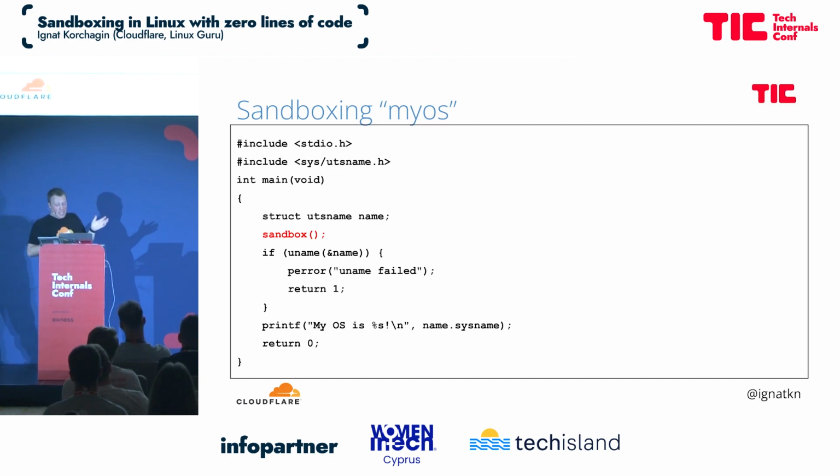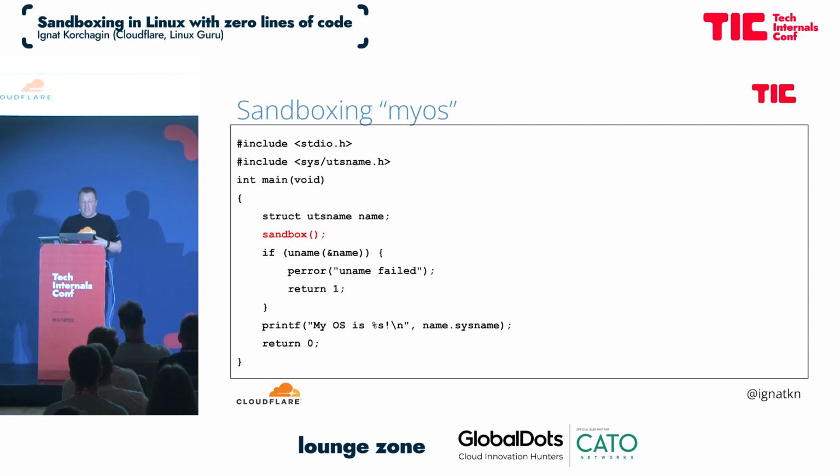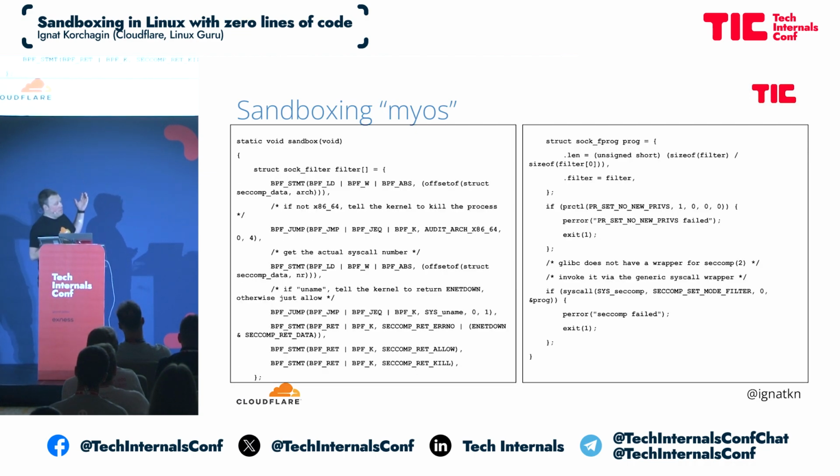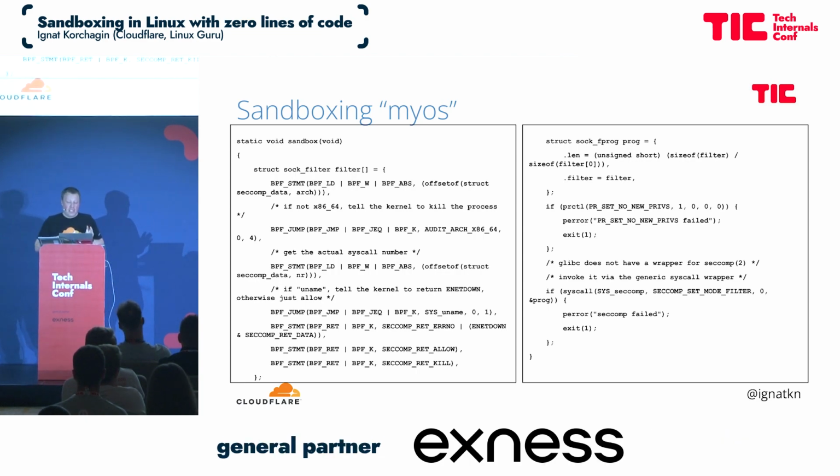So let's try to sandbox this application. Let's add a sandbox function before our main workload comes into play, right? And then, for the purposes of this function, let's implement a seccomp policy, shown on a different slide. A little bit scary, but don't bother too much with the details. The gist here is you write your policy in a BPF language, and actually it's not eBPF, it's classic BPF.